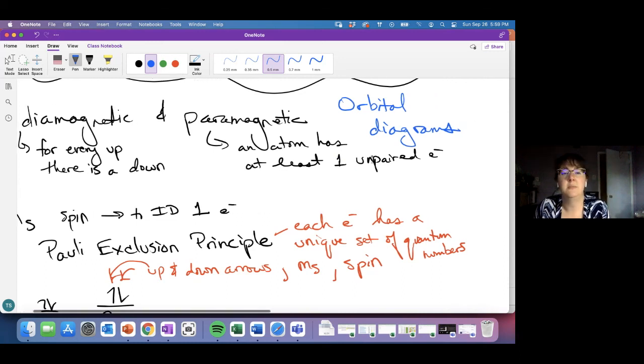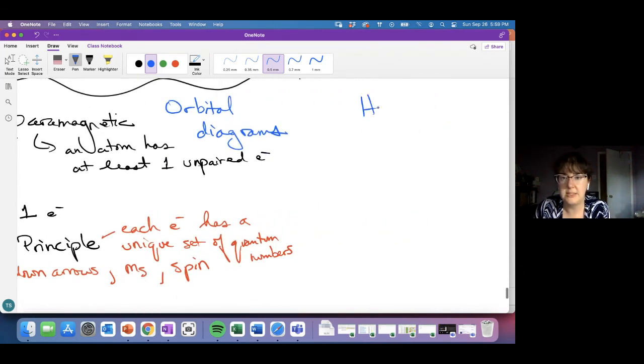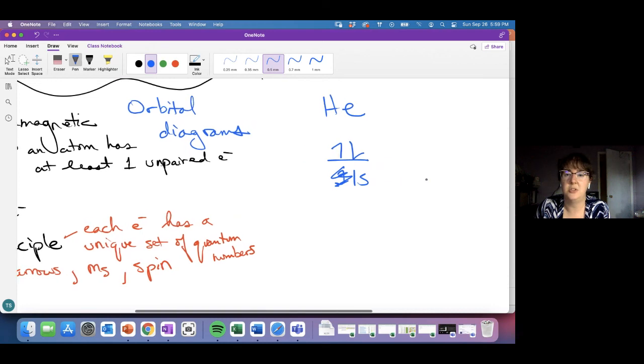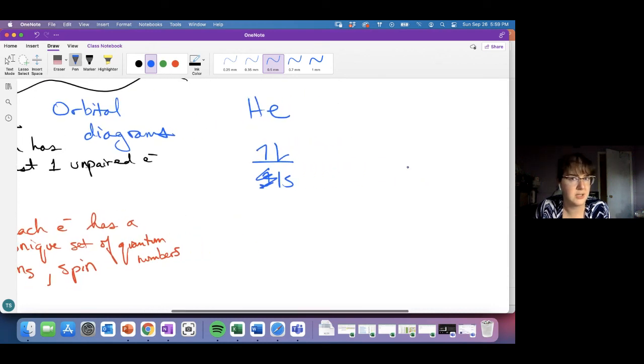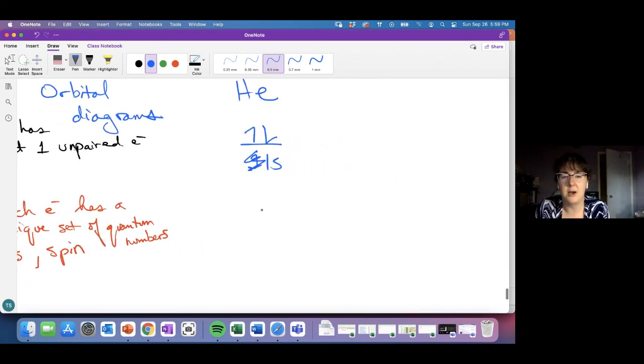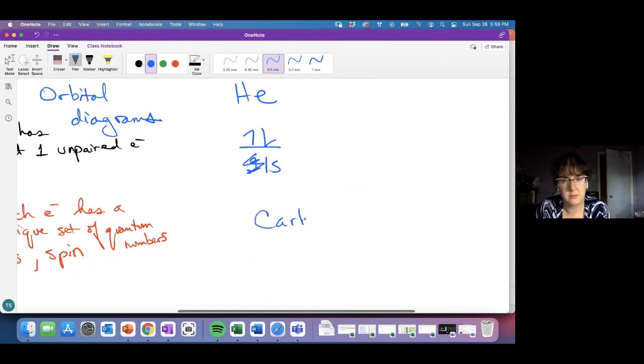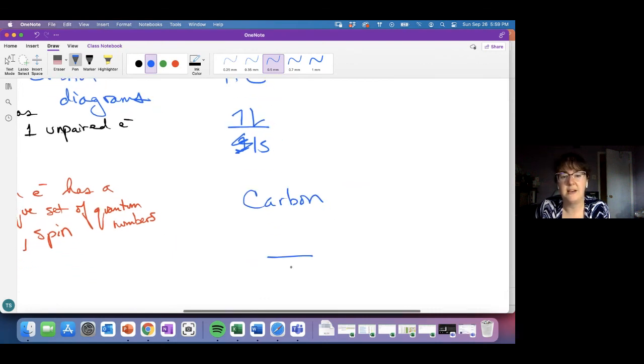So if I was talking about helium, for example, my orbital diagram is my 1s and my 2 electrons for helium. If I was talking about carbon, then I would have my 1s and then my 2s and then my 2p.